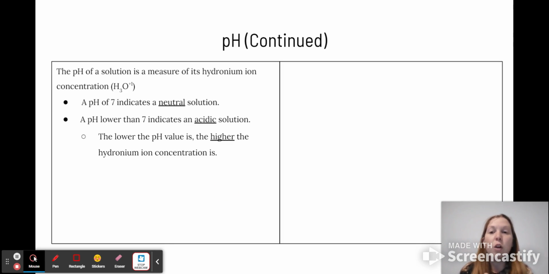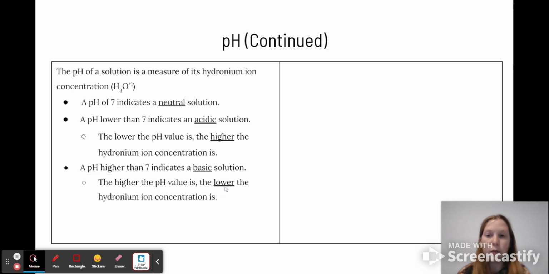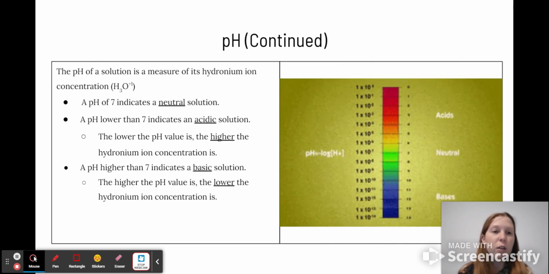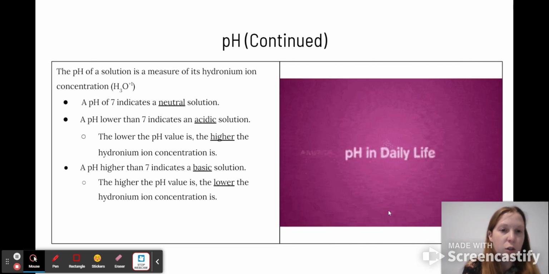And the lower that pH value, the higher that concentration is. They are inversely related. So the lower the pH, the more acidic your solution will be. A pH higher than 7 indicates a basic solution because you have less H plus or H3O plus dissolved. Again, inversely related. So here's what your pH scale looks like, and here kind of shows you your range.